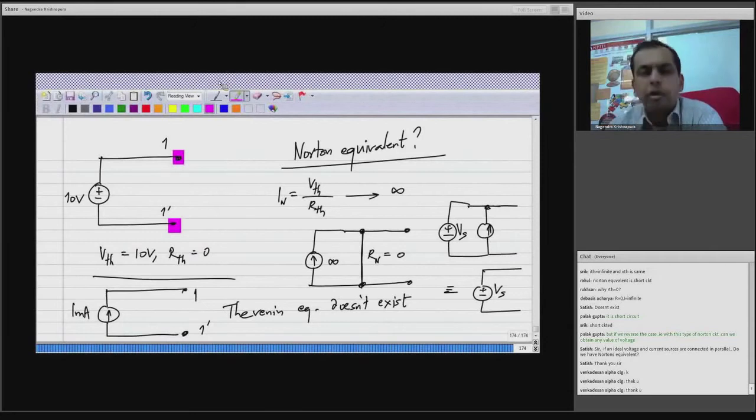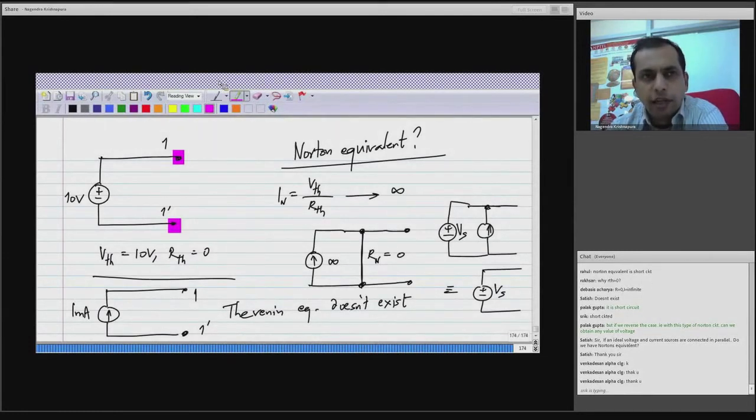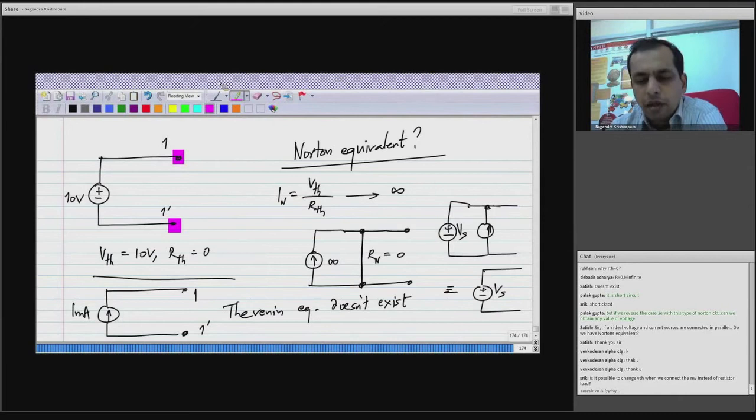So there can be degenerate cases where one or the other equivalent circuit doesn't exist, but at least one of them will surely exist. And again, somebody asked about the application of this theorem. As I said, it is widely applicable. The basic point is to abstract out all the details of a very complicated circuit.